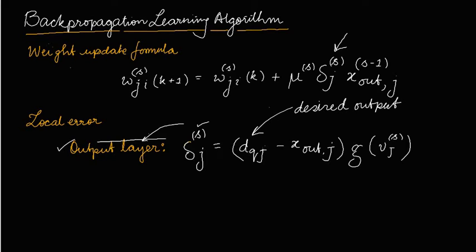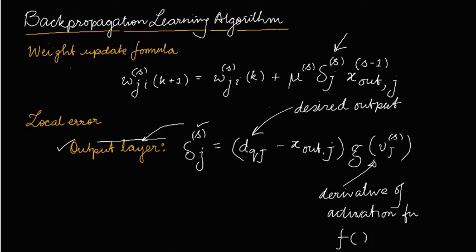As far as this g is concerned, this g is the derivative of the activation function. So if the activation function is f and we take its derivative, then we call it g.